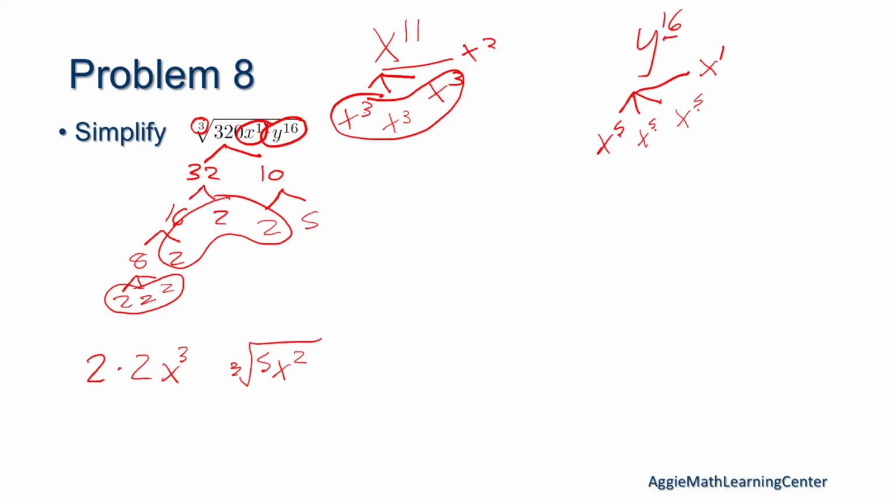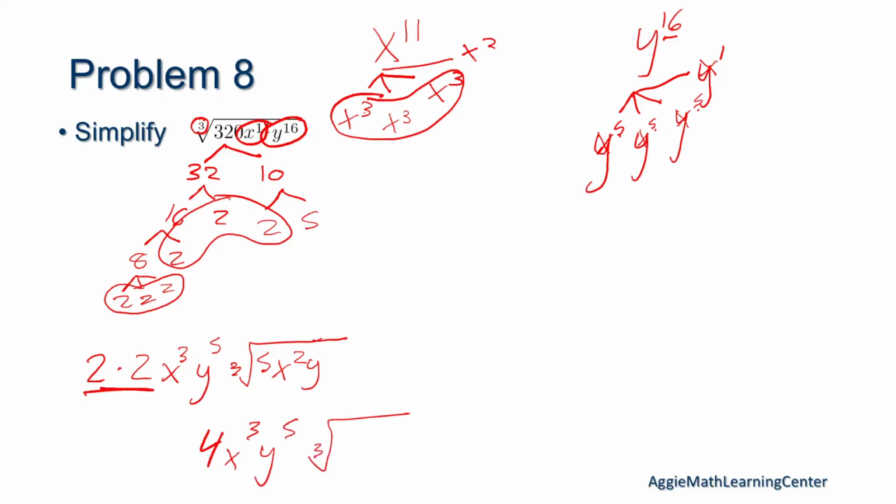So I have 3 y to the fifths, and then there's 1 left over. Oh, these are supposed to be y's. There we go. So y to the 5th, and then we have a y left over. And then I can simplify this by multiplying those 2's together to get that.